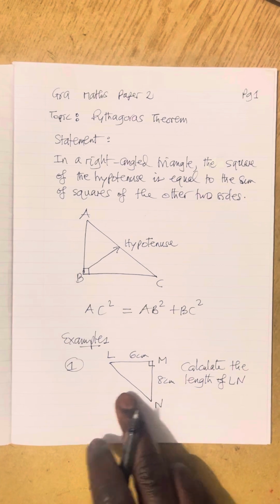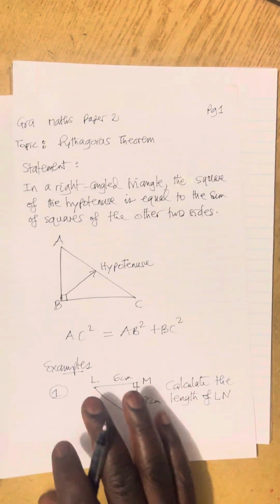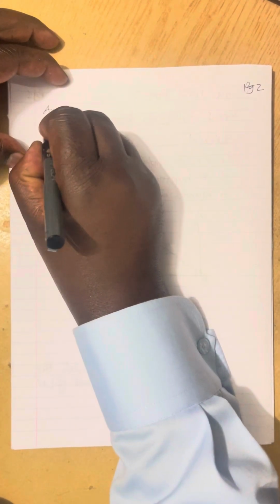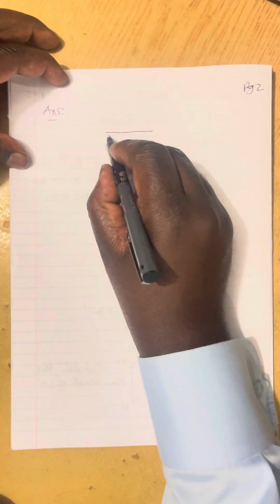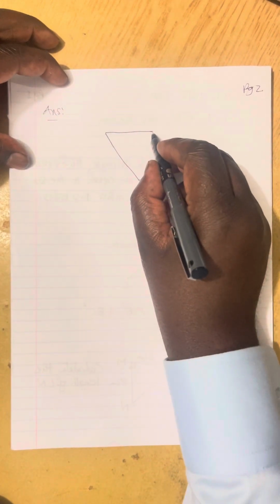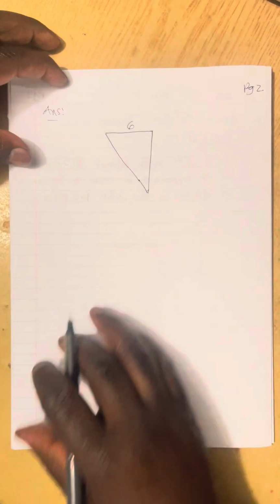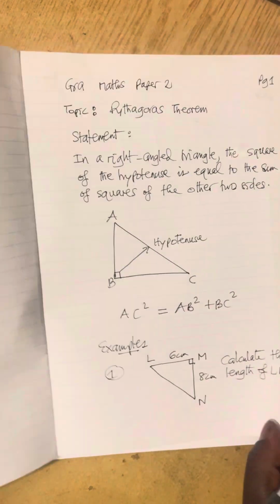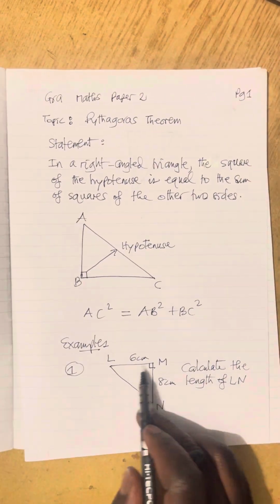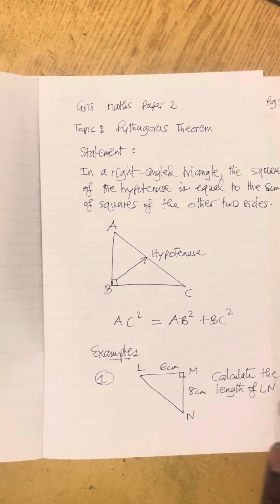That's our triangle, and I'm going to redraw it on my solution page, page 2. The answer: if I redraw the triangle, it looked like this. We had 6 centimeters LM and 8 centimeters MN.